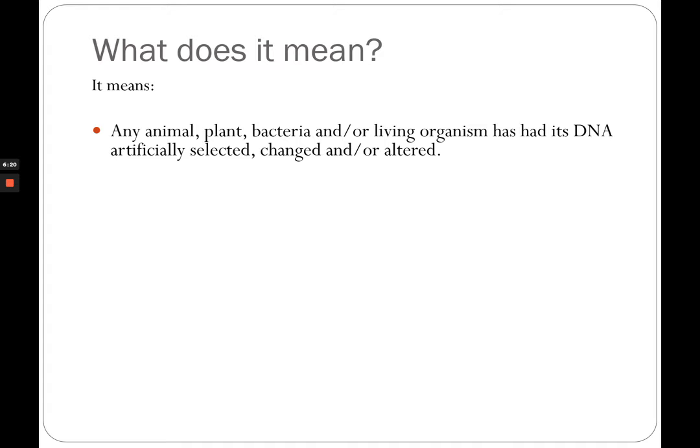But the science is, any animal, plant, bacteria, and or living organism that has DNA can be artificially selected, changed, or altered. That's what GMOs are. Now, I have artificially selected here because, again, humans deciding which genes go into the gene pool, that's not natural either. But no one seems to mind that.